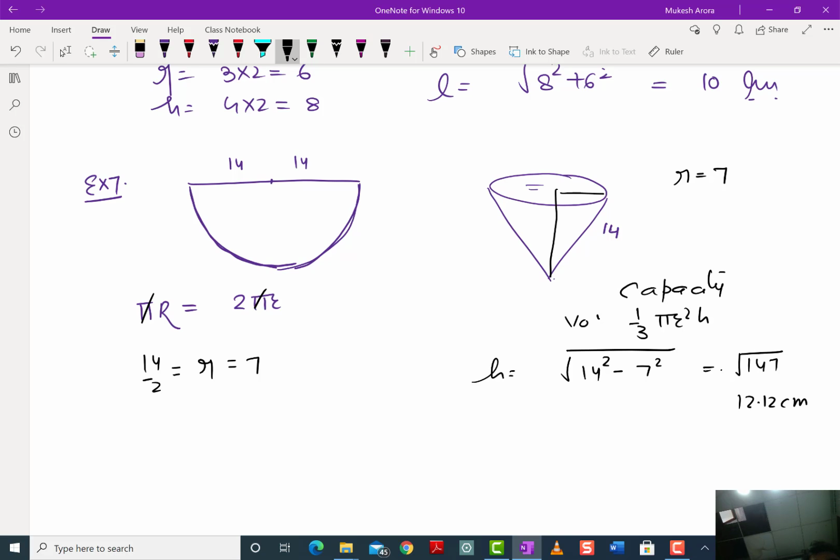So the volume will be 1 upon 3 π r, r is 7 into 7 into 12.12. So this is cancelled. This is 4.04. So we multiply, so it will be 622.16 centimeter square.